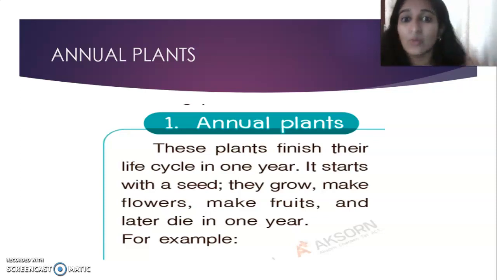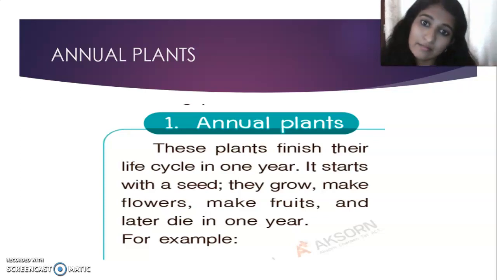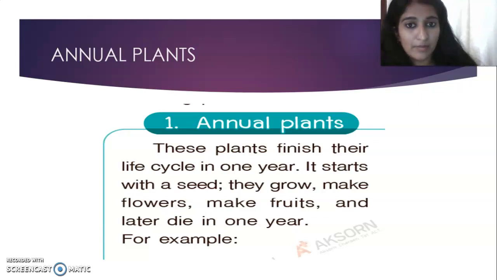The seed will grow, make flowers, make fruits, and later die after 1 year. That is called annual plants.